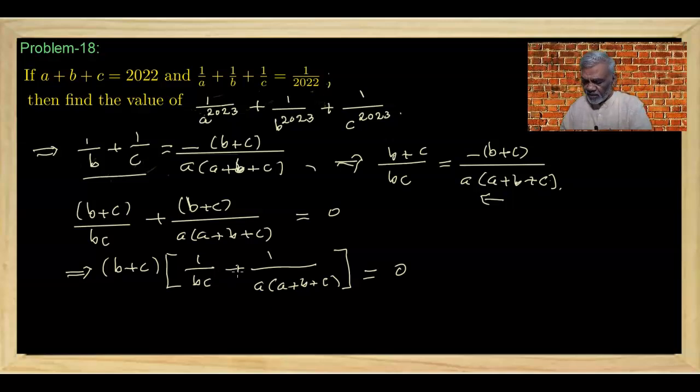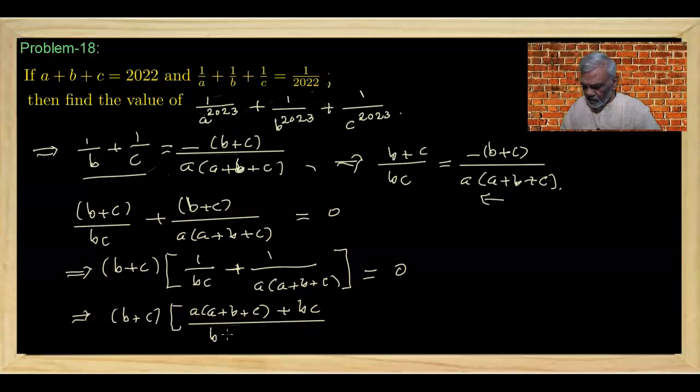Simplifying the sum in the second bracket using LCM, adding the fractions, we will get b plus c into a into a plus b plus c plus bc divided by bc into a into a plus b plus c, is equal to 0.